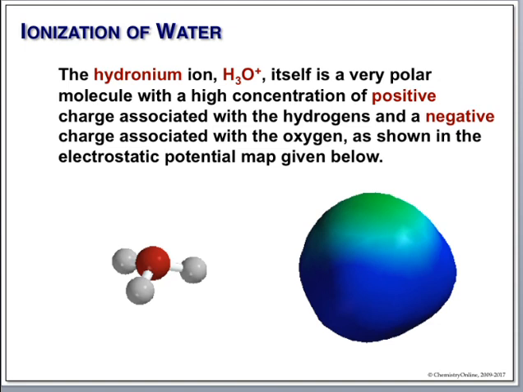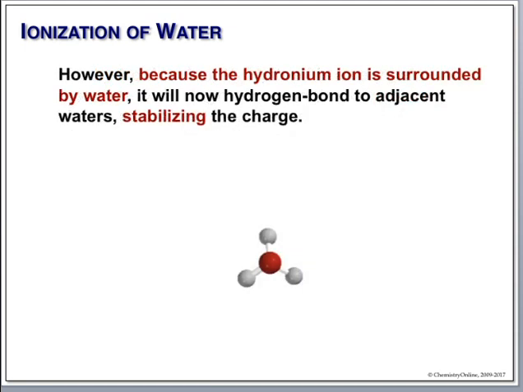But this is sitting in water. Now remember, water has the ability to take a charge and disperse it. It works for sodium, it works for chloride, it works for all ions, but it works really well for something like hydronium and hydroxide.